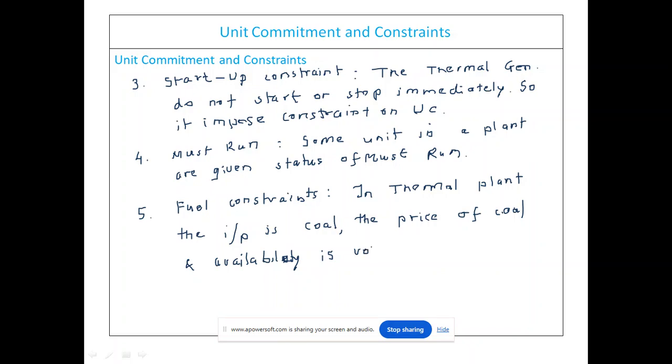So this also puts a constraint on the unit commitment problem.